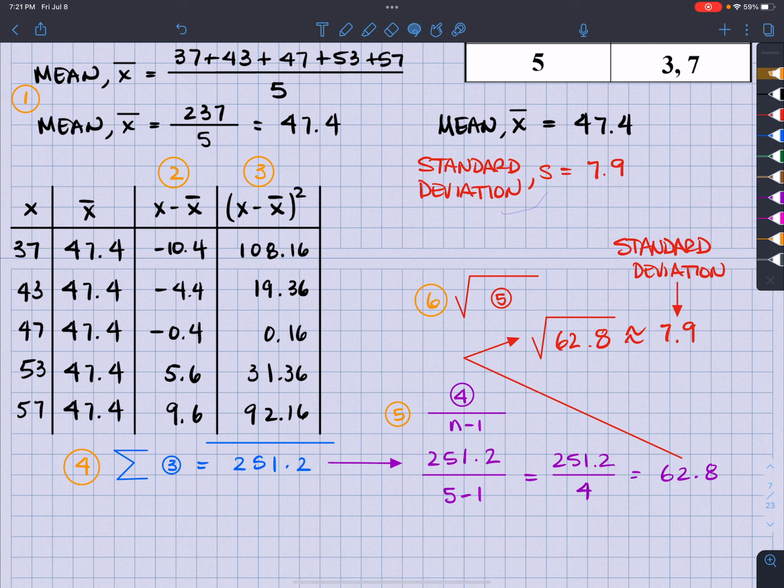And yes, typically we would label standard deviation just plain old S, okay? And if the sample size was much bigger, then we would call it something different.